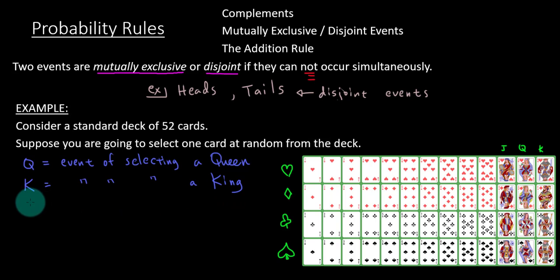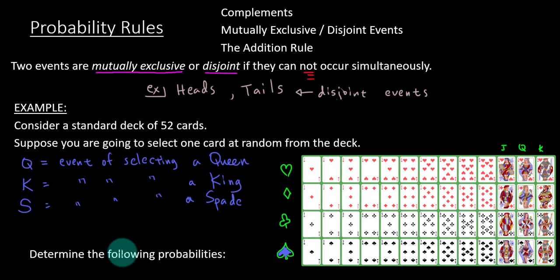And I'm going to let S be the event of selecting a spade. So a spade is this card down here. I'll kind of fill it in with blue. I'm going to ask us some questions regarding the probabilities associated with selecting some cards, and that will hopefully demonstrate some of these rules up here.